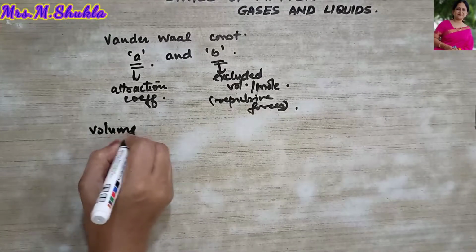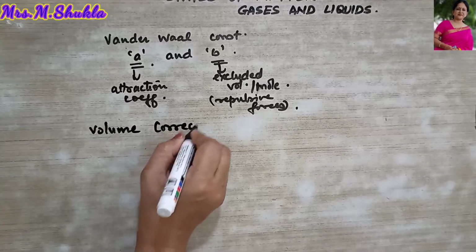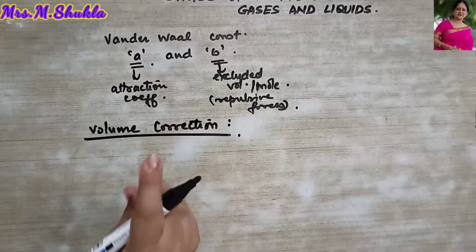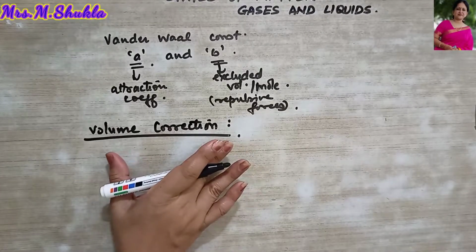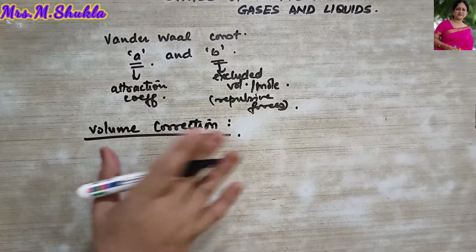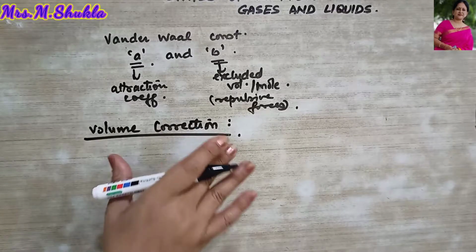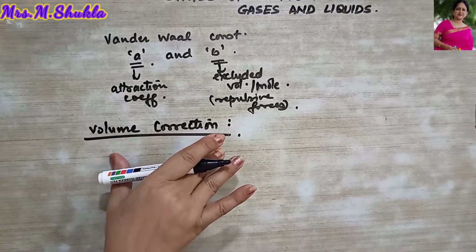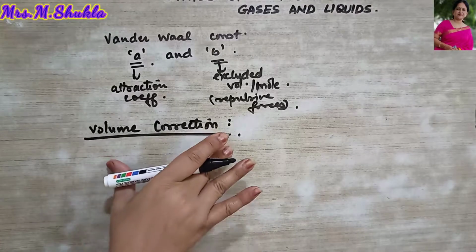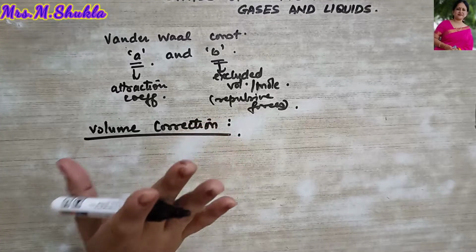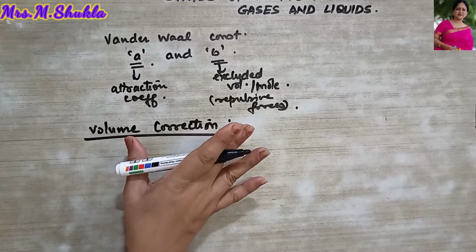Now let us talk about the volume correction. I think I had discussed volume correction also in the previous notes that I had sent you, but still I will explain it to you again. The gas molecules which move in a vessel have appreciable size, right?